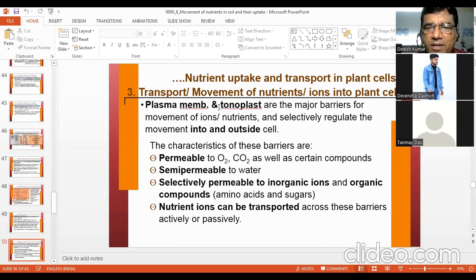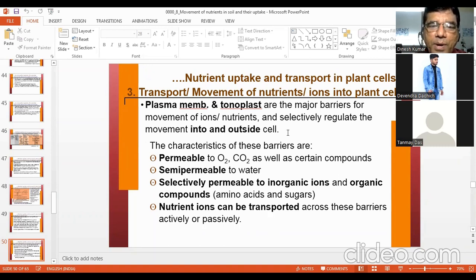Tonoplast is the membrane around the vacuole. Plasma membrane and tonoplast are the major barriers for movement of ions or nutrients and selectively regulate the movement into and outside the cell. We need to know the characteristics of these barriers.